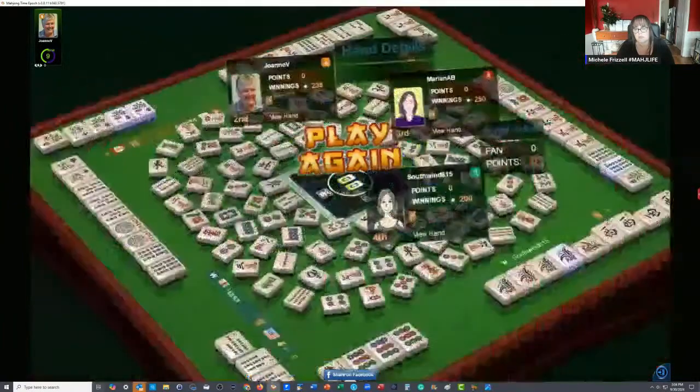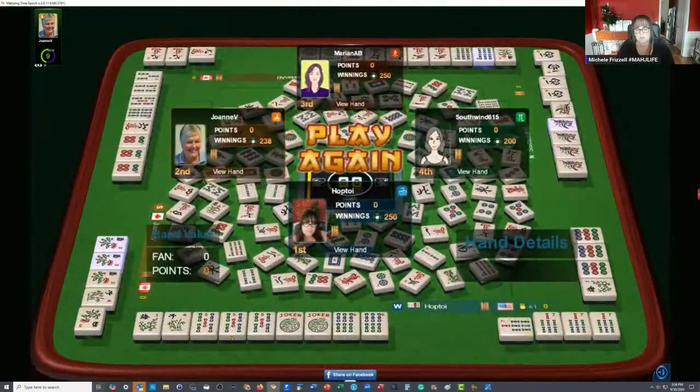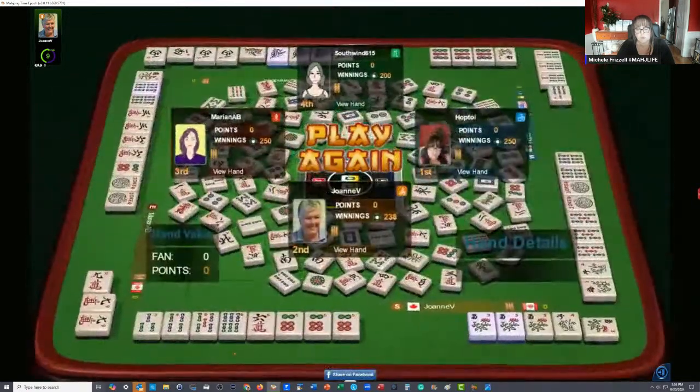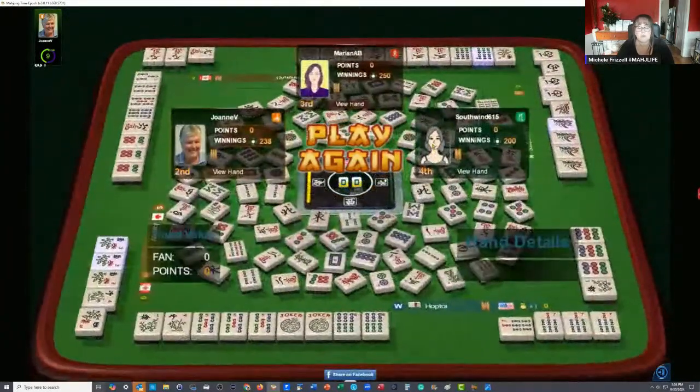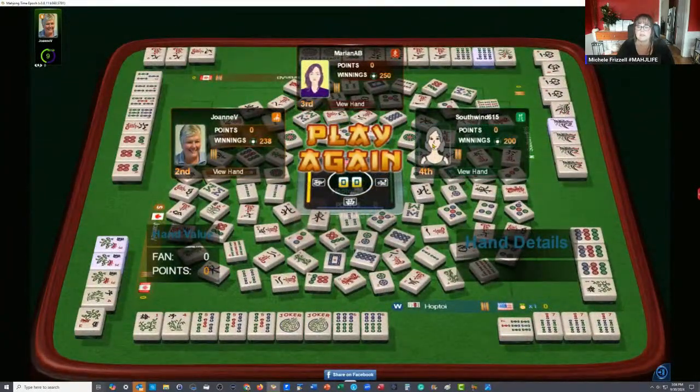And of course, we have 3, 5 bams, and none are out. Let's see here. Oh, we have 3, and here's the other one. So our opponents were both using our tiles. So even though we're ready on a double weight, we were going to need a joker for this one.